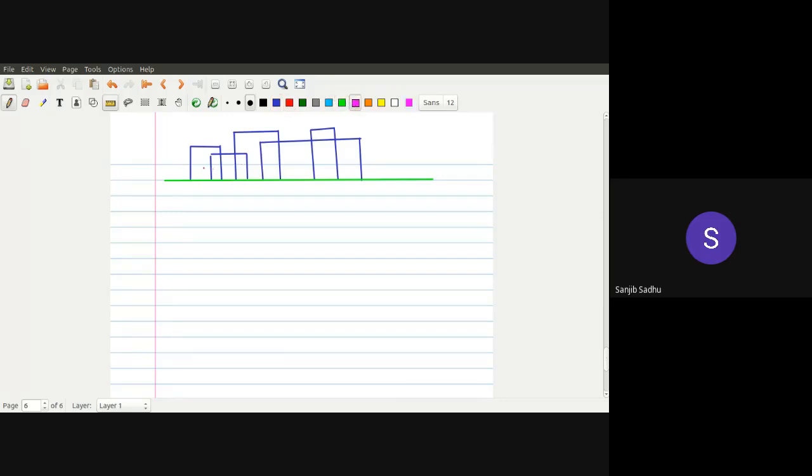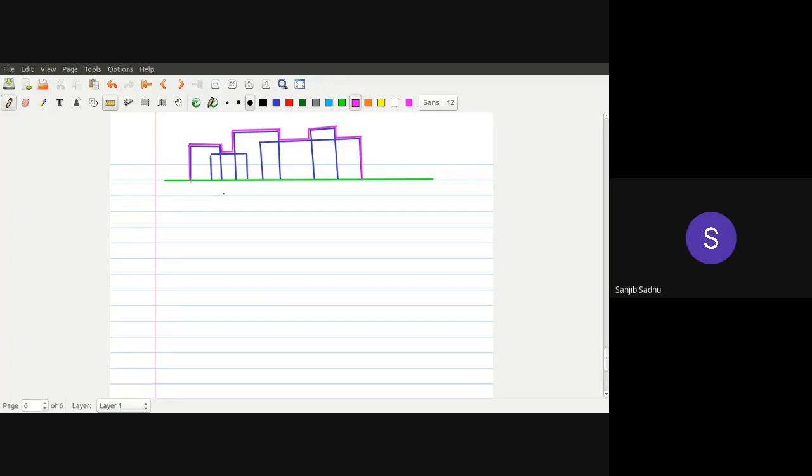I want to know, this will be the skyline. You check these, these, then these. This will be the skyline. I want to find out this one, in this way.